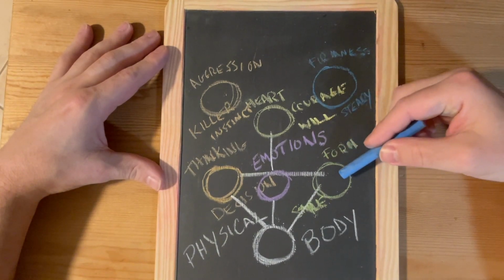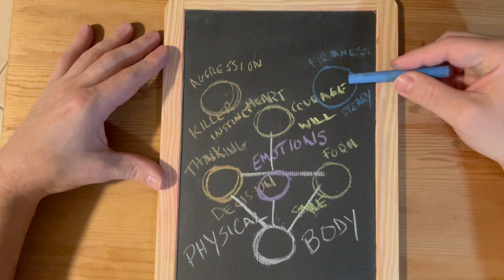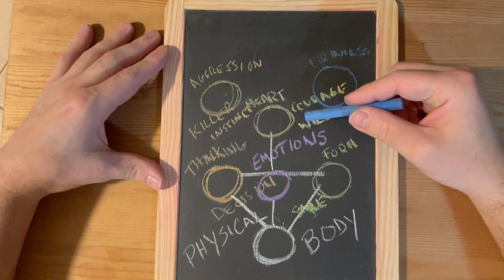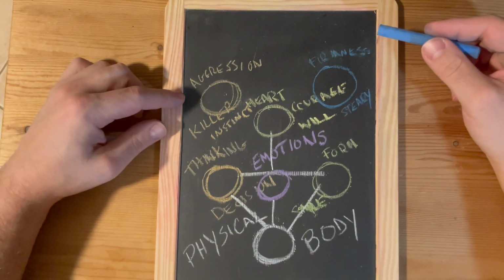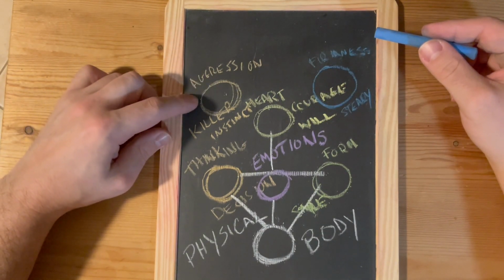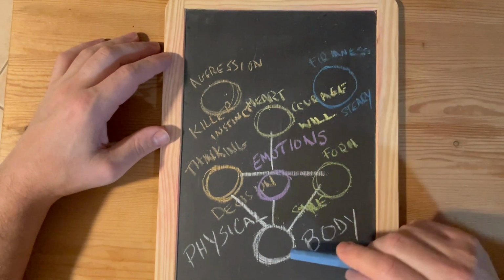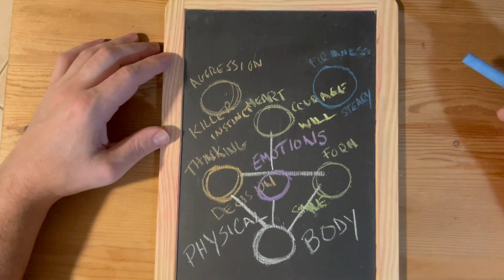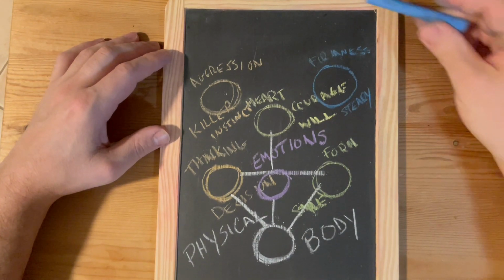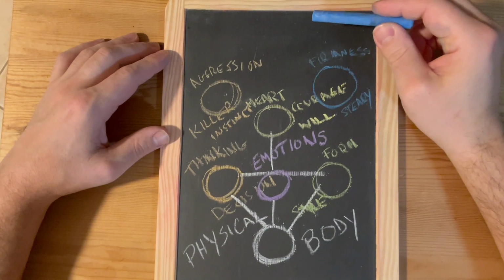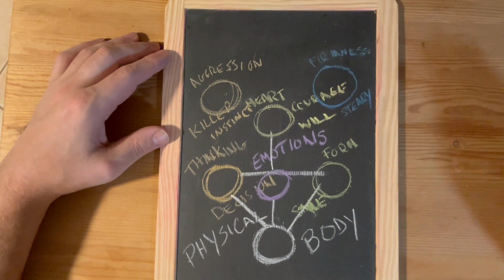You can see they'll have the form, the style, the firmness, the steadiness, the will to win, but they'll lack a weapon, the killer instinct over here. They may even lack physical condition in some ways, from a speed or a strength standpoint.